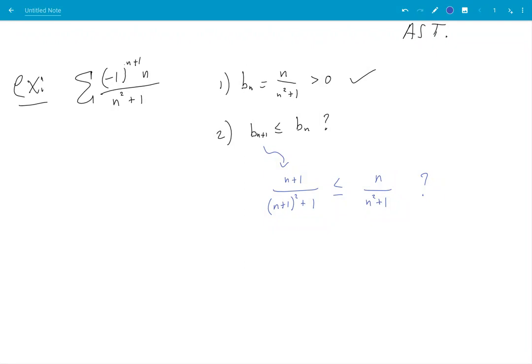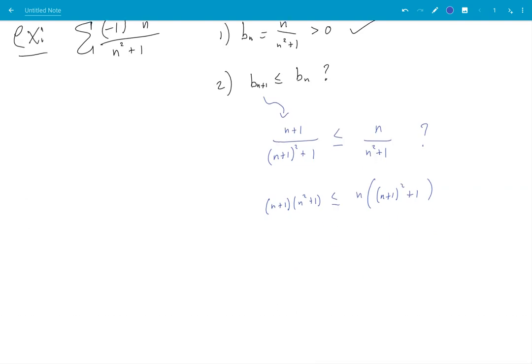So why don't I cross multiply? Okay, everything's positive, so you can cross multiply without fear of disaster. And what do I get here?